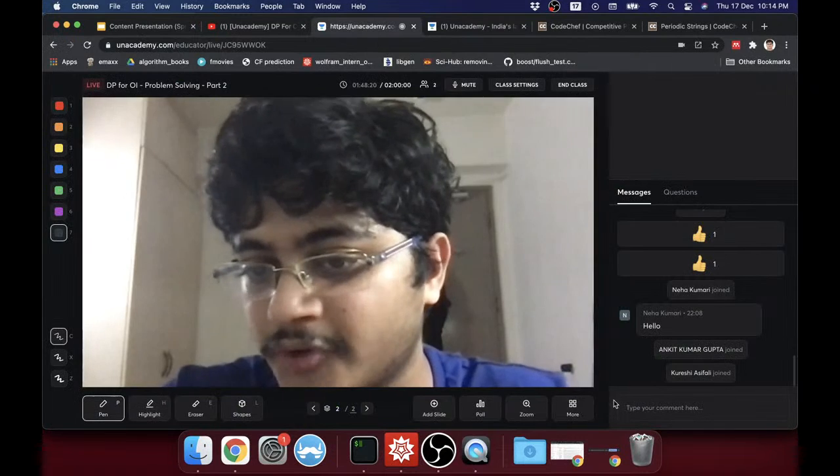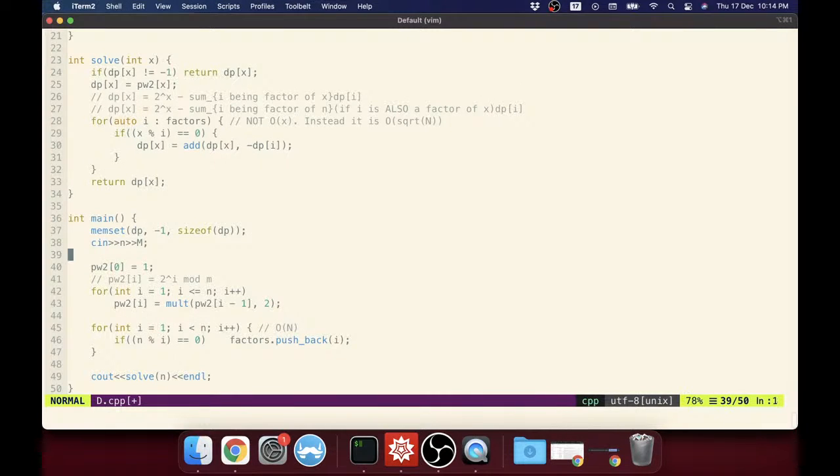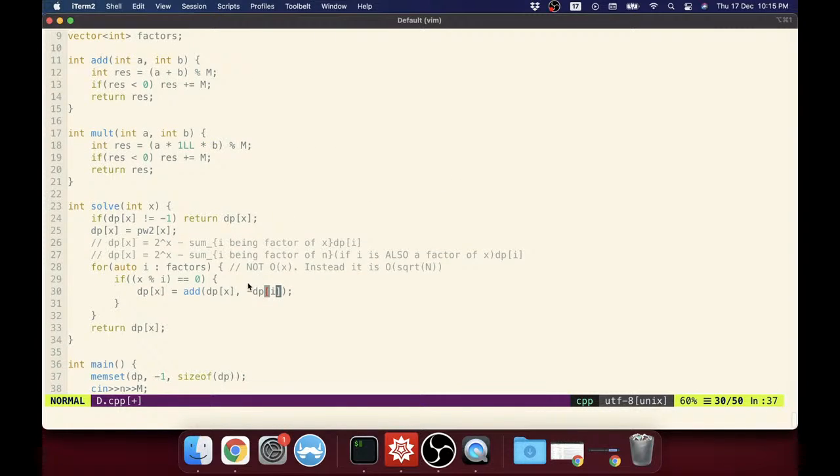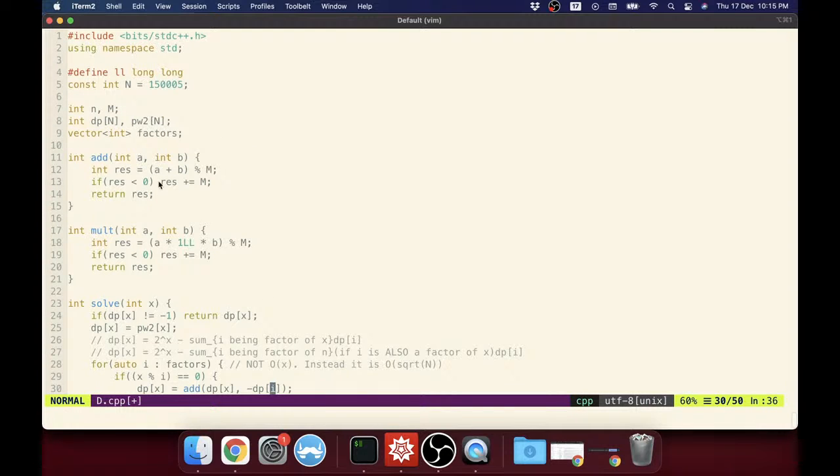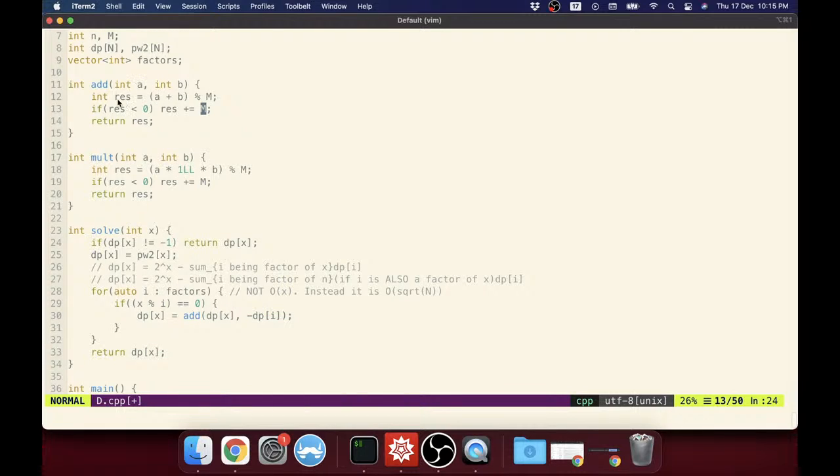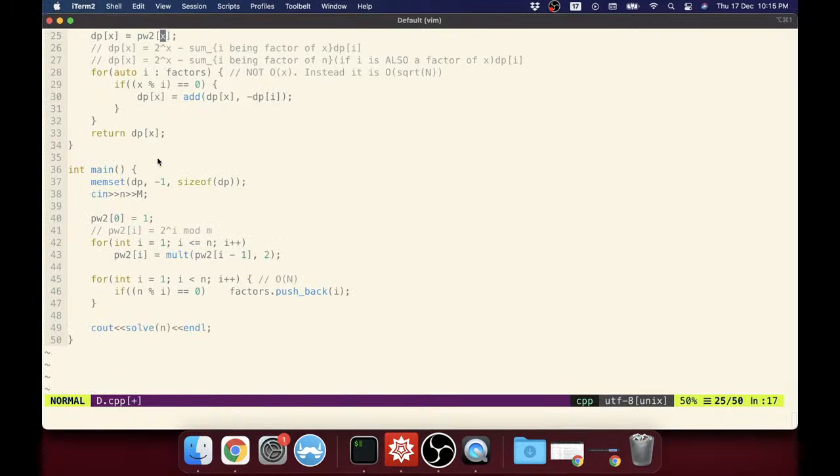It might be slightly confusing, but just think about it. Also, all my calculations are done under the modulo. I assign 2 to the x, but this is under the modulo because it's a mult, and then all the additions are happening under the modulo. Even though this is a subtraction, we have taken care of it by doing this, which might happen sometimes. Yeah, that's pretty much it.